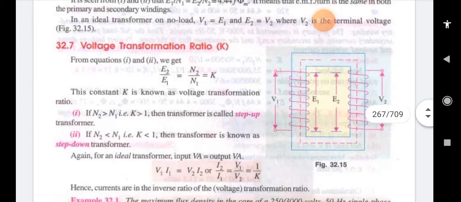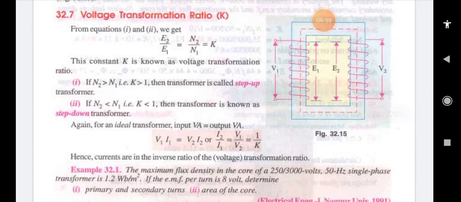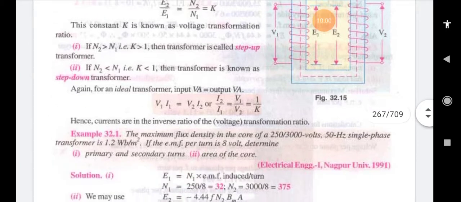Now, the transformation ratio or voltage transformation ratio, E2 by E1, is equal to N2 by N1, is equal to K. As we all know, the ratio of the secondary turns to the primary turns, or the ratio of the induced EMF in the secondary to the induced EMF in the primary, is equal to the transformation ratio or voltage transformation ratio.